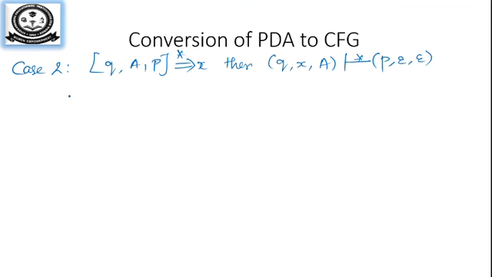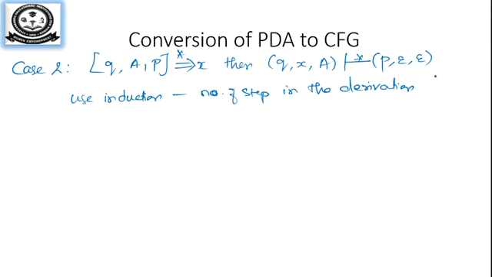So I'm going to use induction. The induction I'm going to use here is on the number of steps in the derivation of the grammar to derive a string. So let me consider the base step.